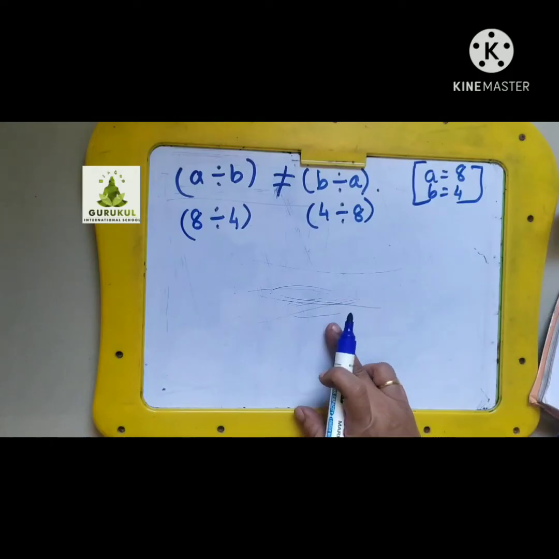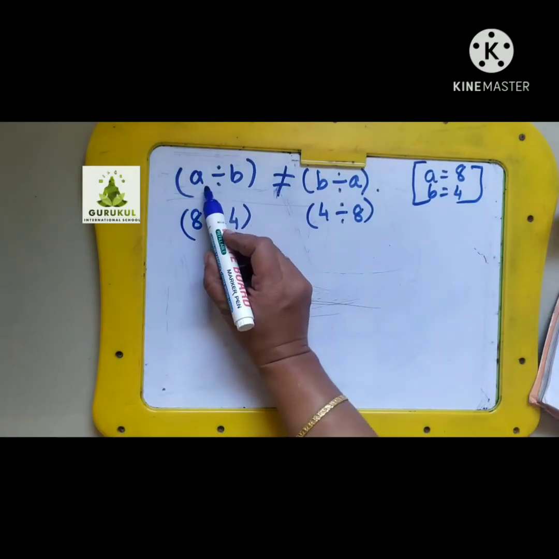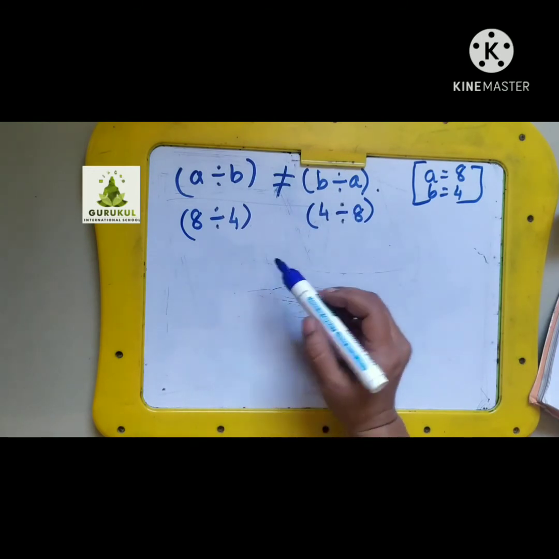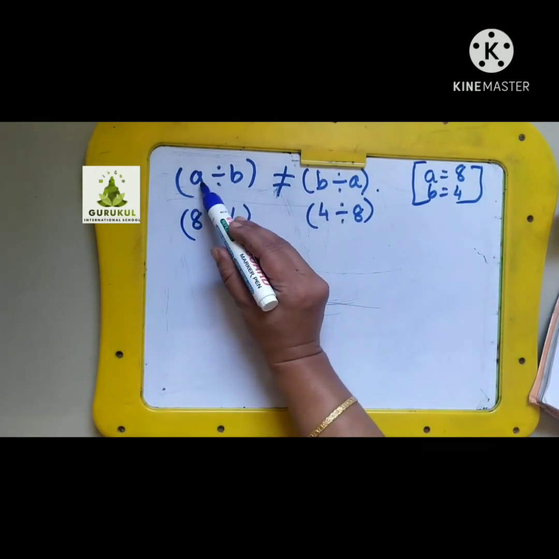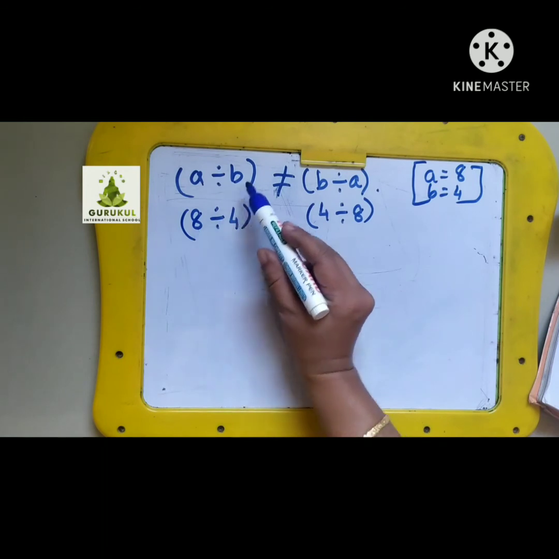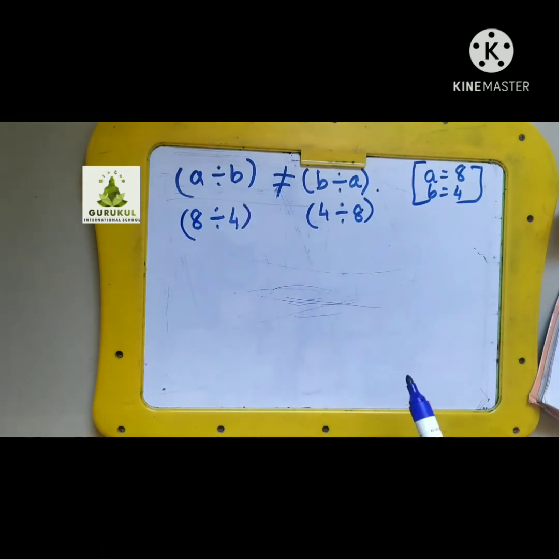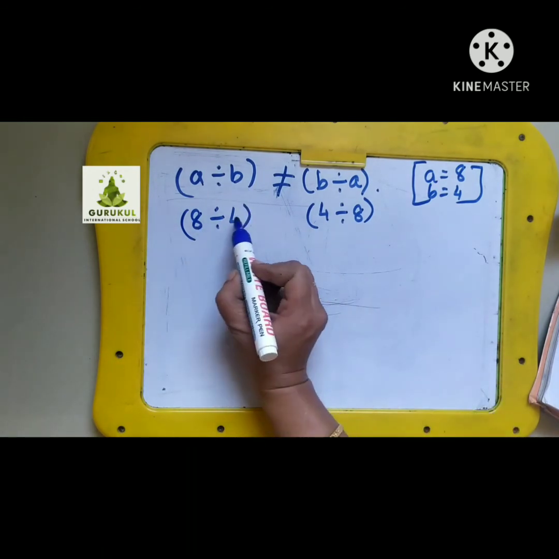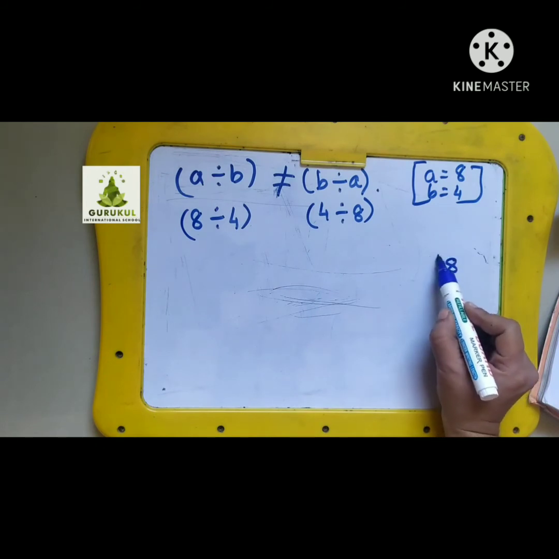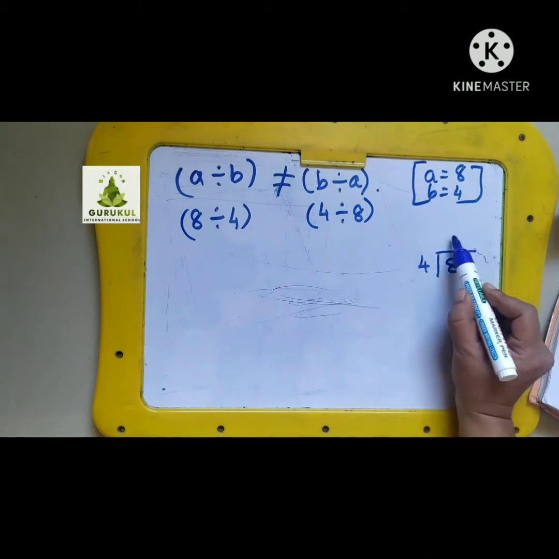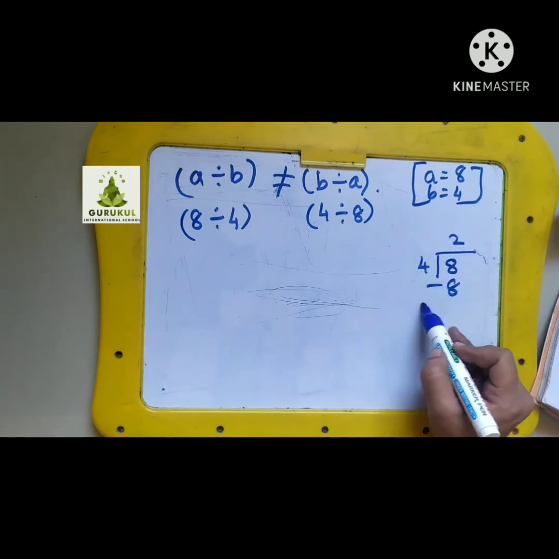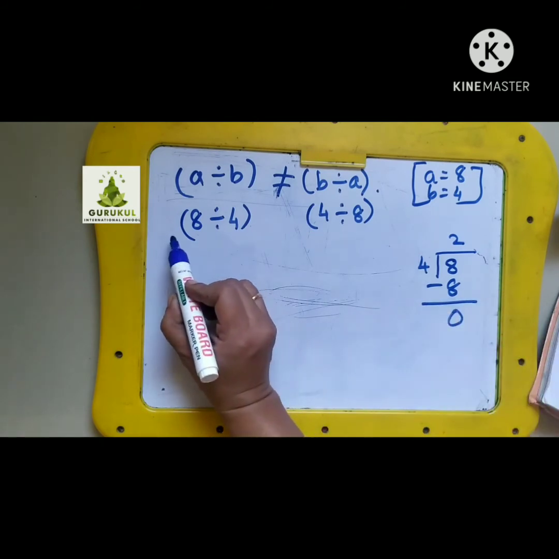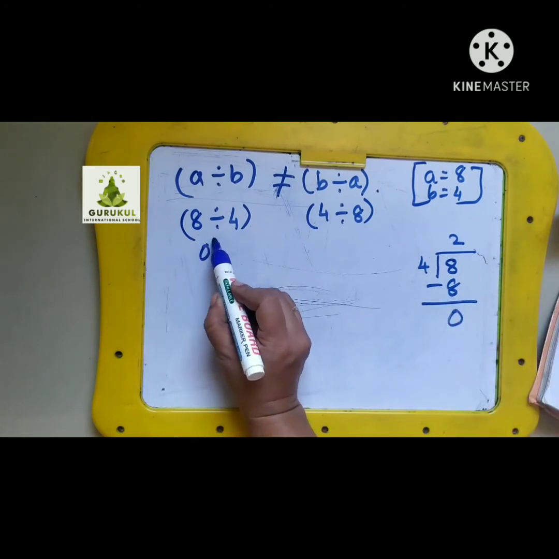We will understand this property. For example, taking that your a value is 8 and b value is 4. Now if you divide these numbers, what do you get? 8 divided by 4. 4 twos are 8. That means here your left hand side answer came as 2.